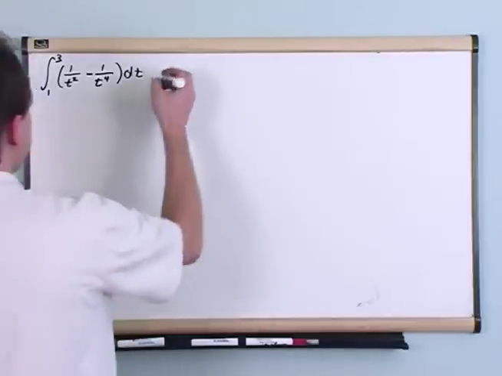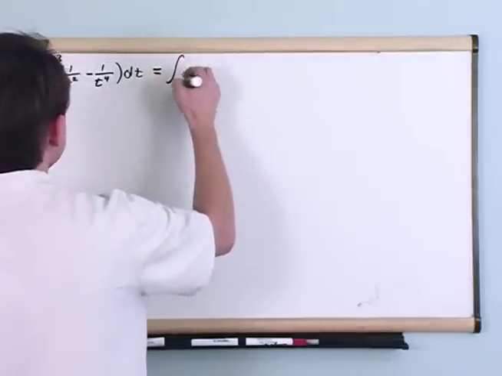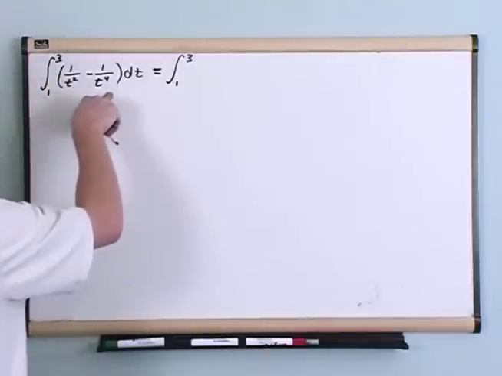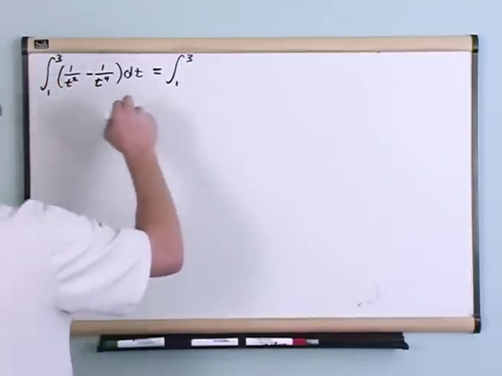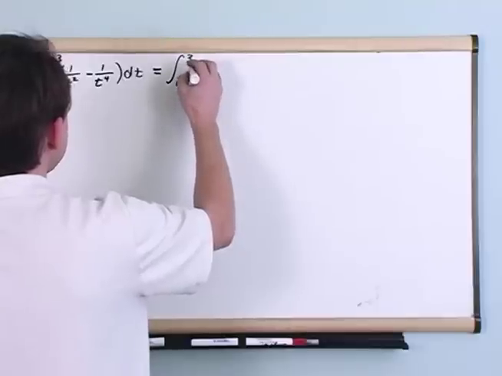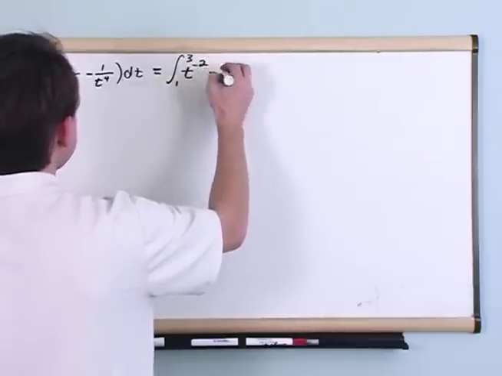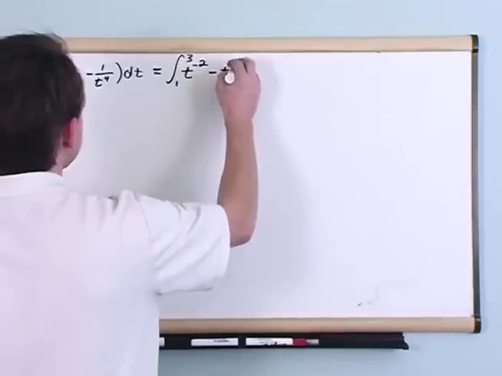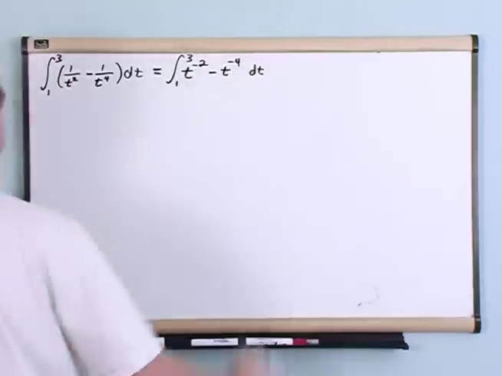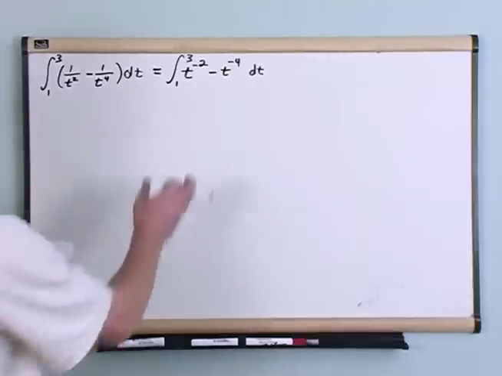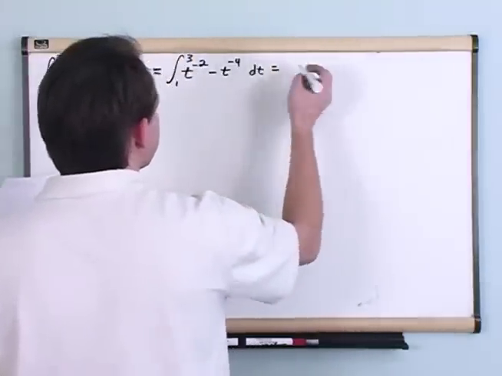What I like to do when I see a problem like this, I've been saying it over and over again, is write these in terms of exponents instead of fractions. So this would be t to the minus 2 power minus t to the minus 4 power dt. That's exactly the same thing.